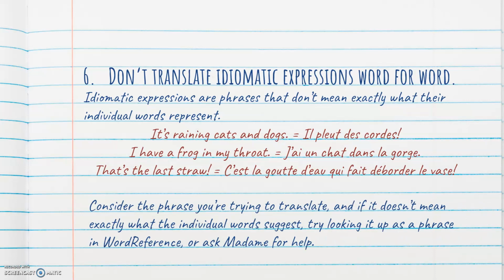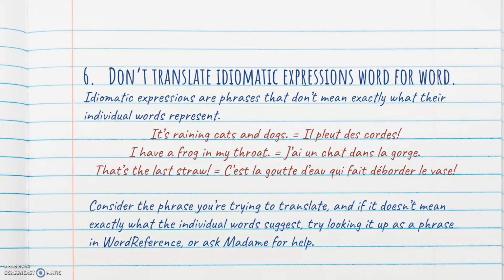Now, what you can do is if you're trying to translate a phrase that you think is kind of more of an expression, if it means something a little bit different than what the individual words suggest, you can try looking it up as a phrase, because it's raining cats and dogs is a phrase in word reference.